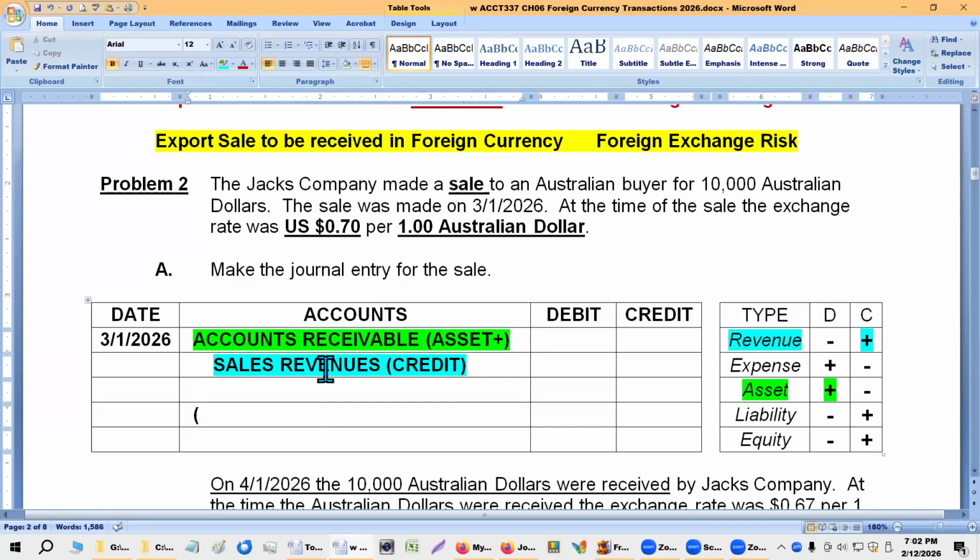So we have 10,000 AU dollars times 0.70 equals US dollars.